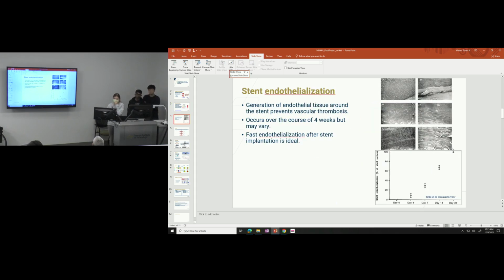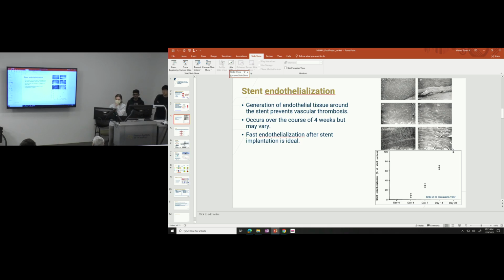Okay, next, just to get into stent endothelialization a little bit, because this was the main goal of our project. So this endothelial tissue develops around the stent, and this in turn helps prevent vascular thrombosis because endothelial tissue itself is an anti-thrombogenic material, meaning that it is less likely to cause blood clots as it's natural, as opposed to a stent, which is more of a foreign body.